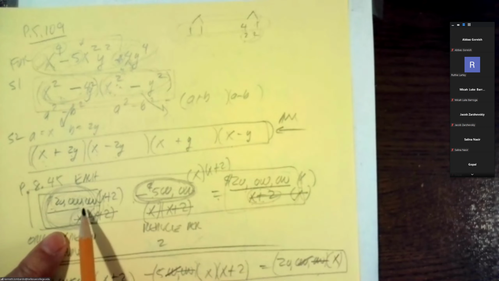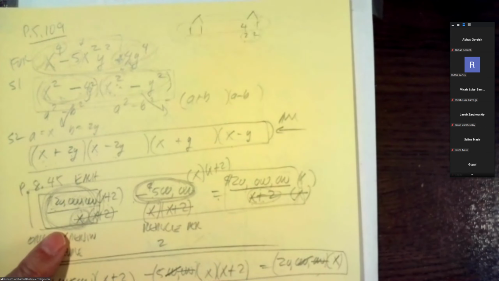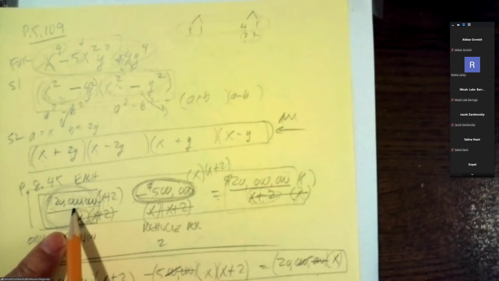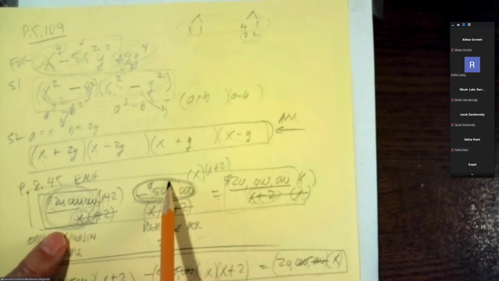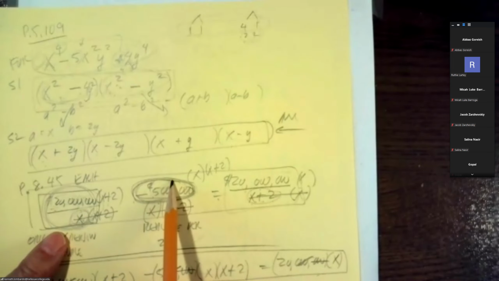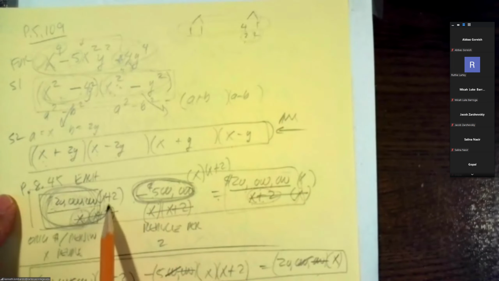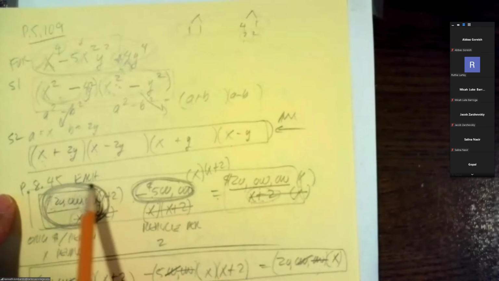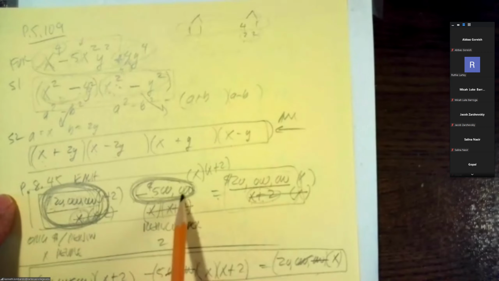Because it says each person's share, so isn't it each like 500,000 X? No, each person is this much, 20 million divided by X, and we're going to reduce each share by this amount.